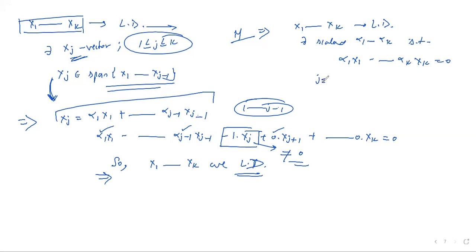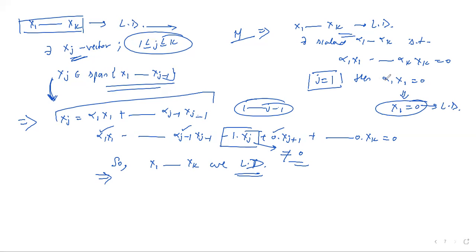Now if I take the case j equals 1, I get the combination alpha 1 x1 equals 0. Because the set is linearly dependent, we have to consider x1 equals 0, since if alpha 1 equals 0, the set would become linearly independent. So with x1 equal to 0, the set is linearly dependent.